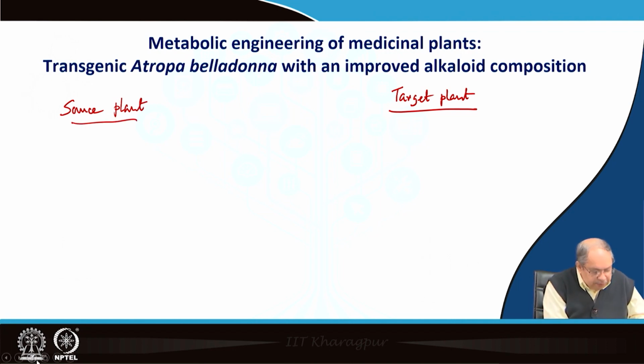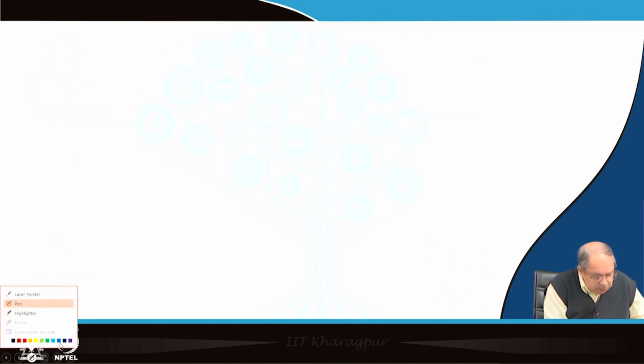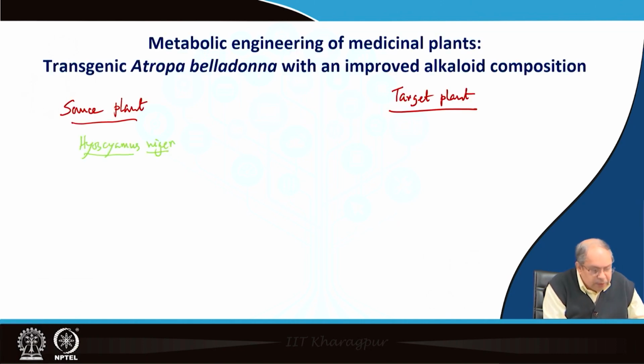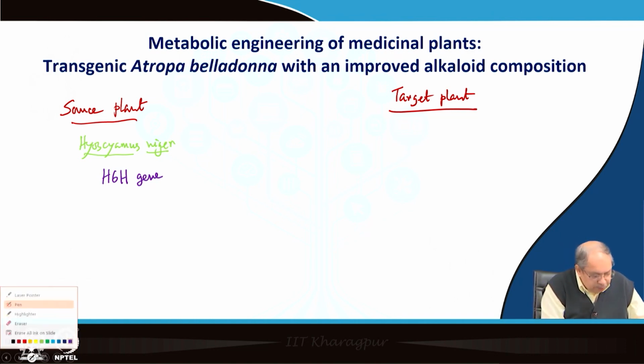The source plant is Hyoscyamus niger, from where the H6H gene has been isolated, that is the gene source, and the target plant is Atropa belladonna.